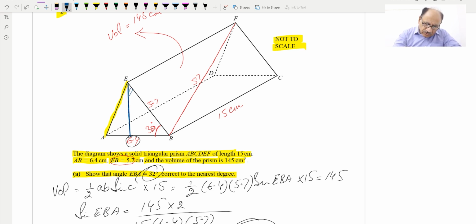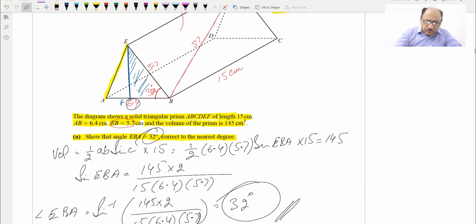We can consider this triangle and take a point, for example F. There is no F, so in triangle EBF, we require FE basically.